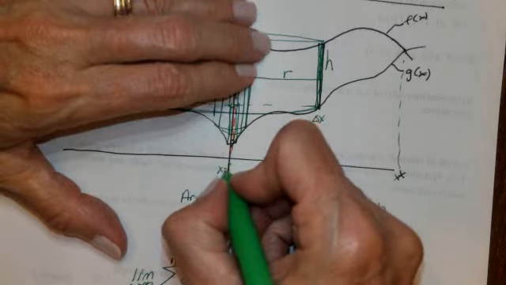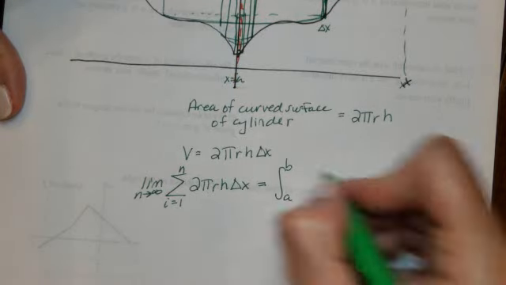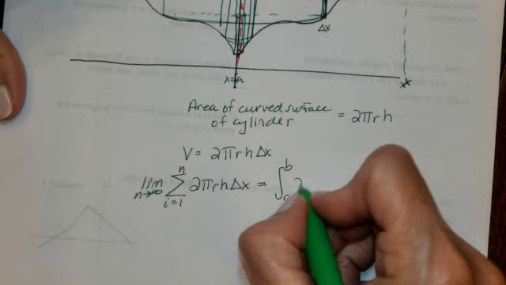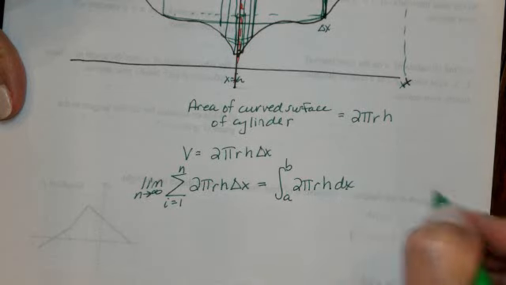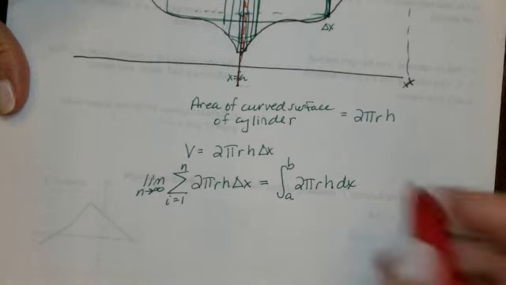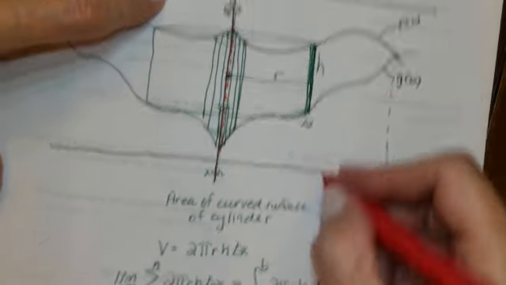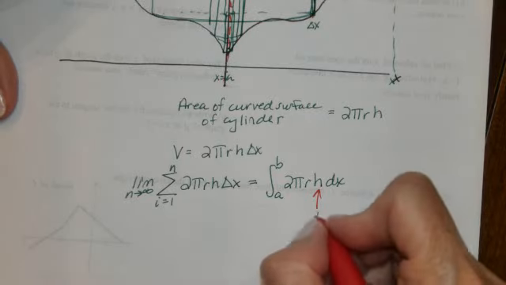So let's just call this x equals a here. So this is going from a to b of 2 pi r h dx. Remember, h is this distance. So that's just the top minus bottom.